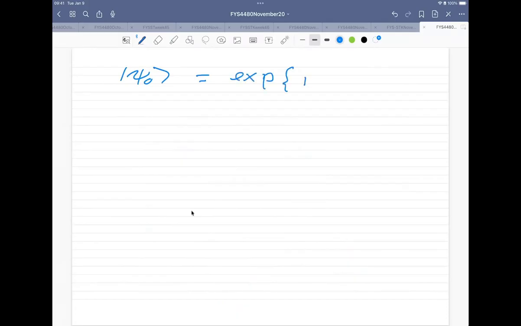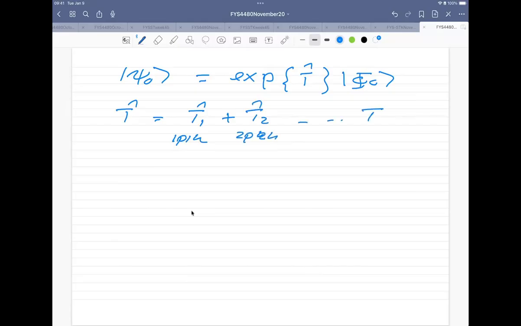And then we have this operator T acting on phi zero. And this operator T contains one-particle, one-hole excitations, two-particle, two-hole, etc., up to n-particle, n-hole excitations. Now, if we include the full set of excitations, we are actually setting up the full problem. And this is not what we want, because we want to use this as a way to truncate the problem.